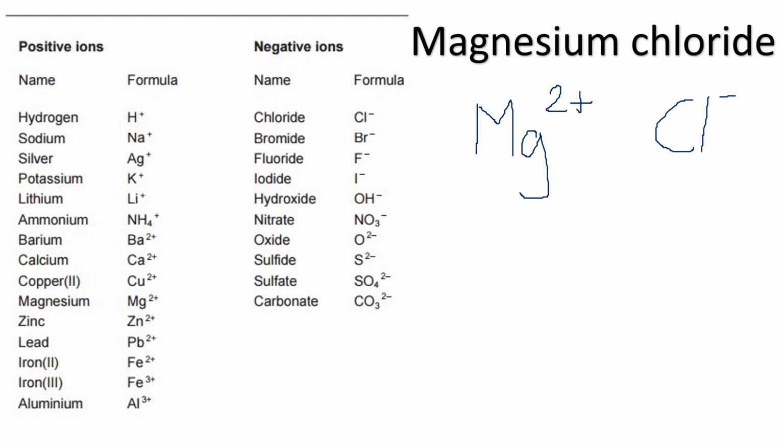So what this means is you need a second chloride ion, Cl-, to balance out the charges. So your formula will be MgCl2, 2 chlorines for every 1 magnesium, and we don't bother putting a 1 next to the magnesium.